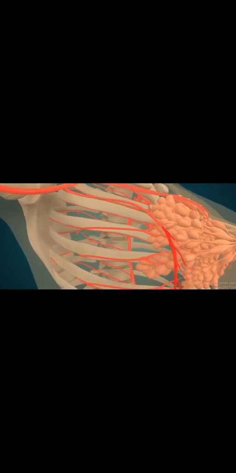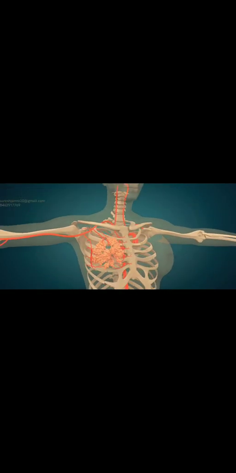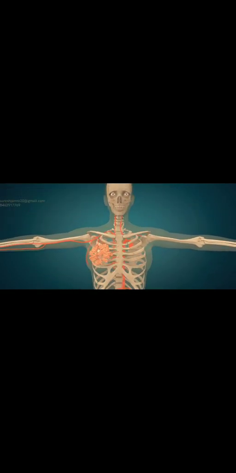Lateral branches of second and fourth intercostal artery. The branches of these arteries converge on the anterior surface of breast. Compared to anterior surface, posterior surface is relatively avascular.